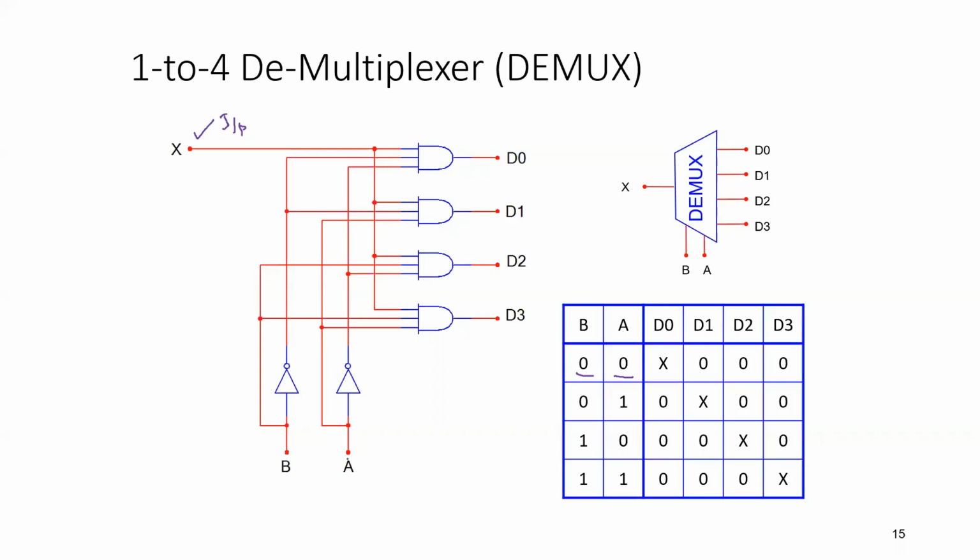You have added an inverter, or NOT gate, and this becomes 1. So when this is 0 and this is 0, this becomes 1, and your input is available at the terminal D0.